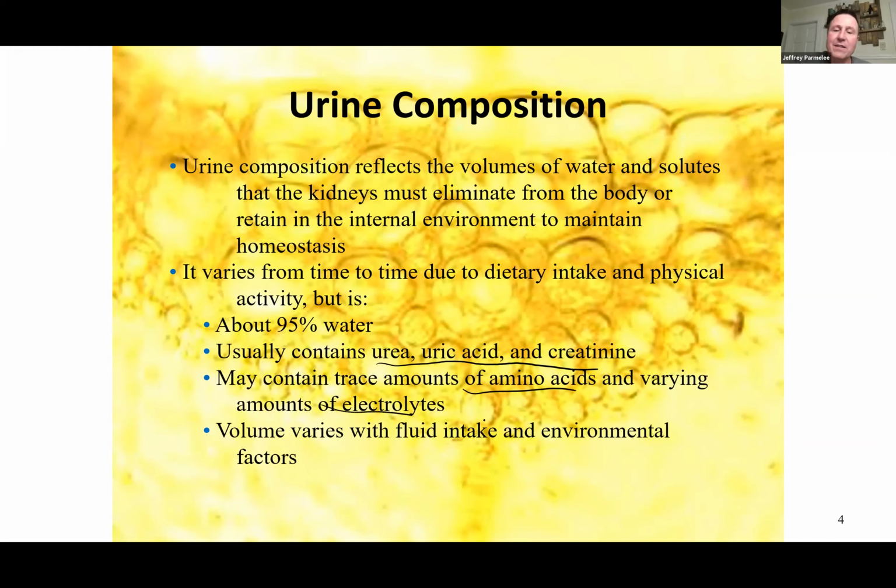And the electrolytes you get rid of in your urine are what your body needs to get rid of, really. If you're too acidic, there'll be a lot of hydrogen ions. If you're hypercalcemic and have too much calcium, you get rid of it in your urine. So it's the way that we maintain homeostasis. Our kidneys can pee out anything that we have too much of.